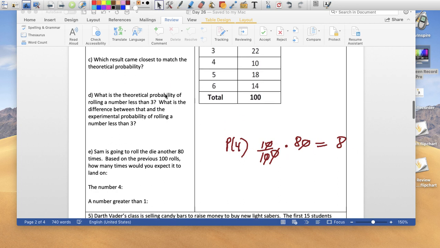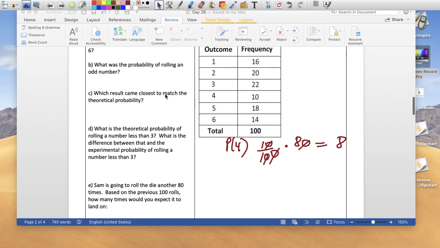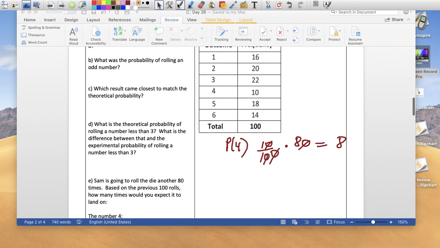What else? Probability of landing on a number greater than 1. So in our experiment, how many times did it land on a number greater than 1? Well, greater than 1 would be this one, this one, this one, this one, this one. So that'd be 100 minus 16, which is 84. So in our experiment, 84 out of 100 times it landed on a number greater than 1.